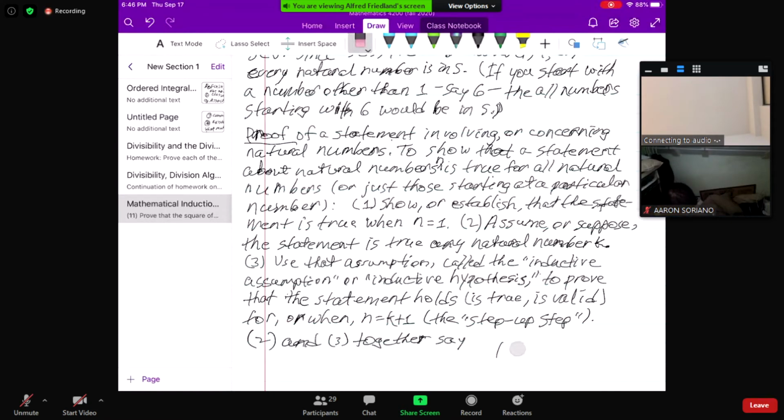But those are distinctive and distinguishable. We usually reserve capital letters for whole sets and lowercase letters for elements of the set. So when I'm talking about just numbers, I'm using lowercase letters.